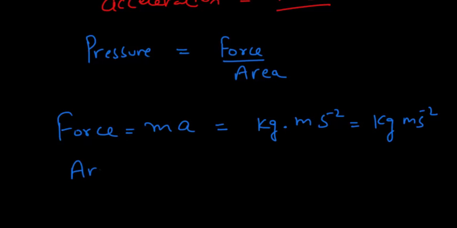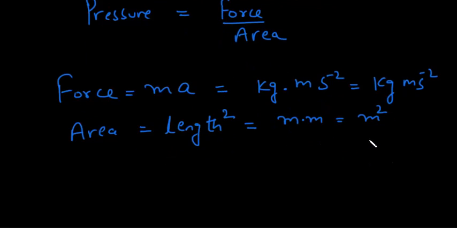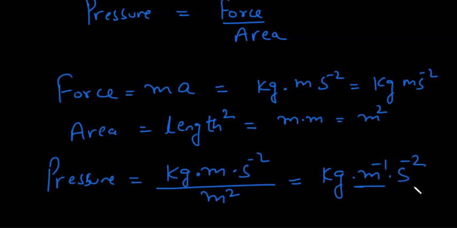And area is length square, it is length into length. So meter into meter is equal to meter square. So the unit of pressure is kilogram per meter per second square.